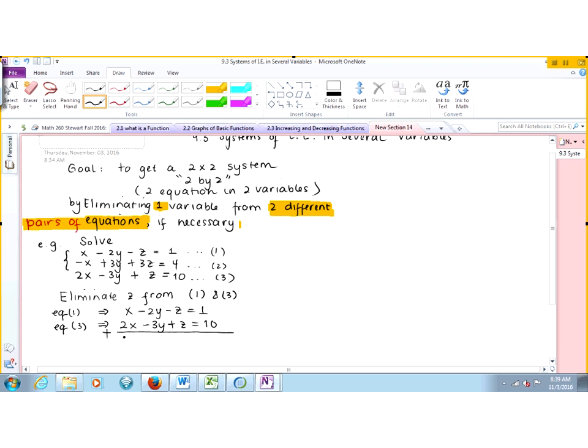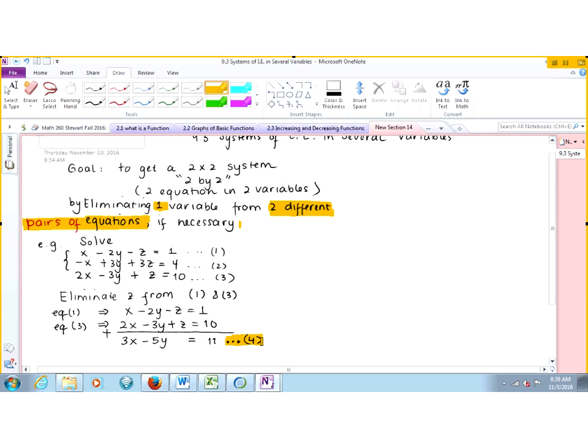All right, so what do we have? 3x minus 5y is equal to 11. So we will call this equation 4. Remember to label each equation, because otherwise it will be confusing.